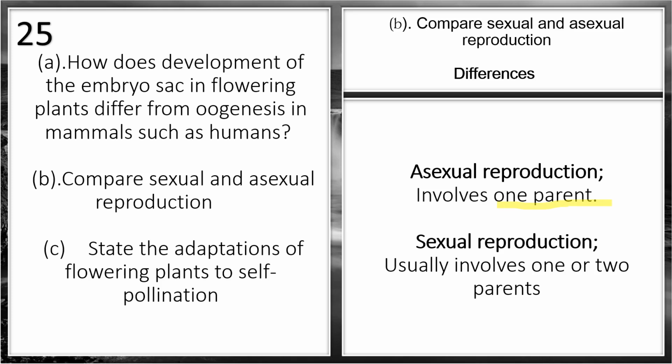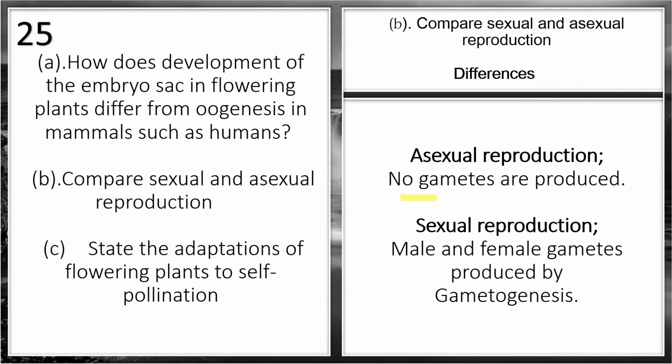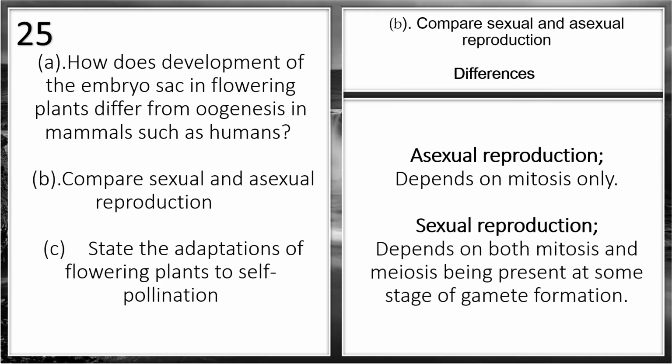Sexual involves one or two parents. No gametes in asexual; in sexual, male and female gametes are produced by gametogenesis. Asexual depends on mitosis only. Sexual depends on both mitosis and meiosis, meiosis being present at the stage of gamete formation.